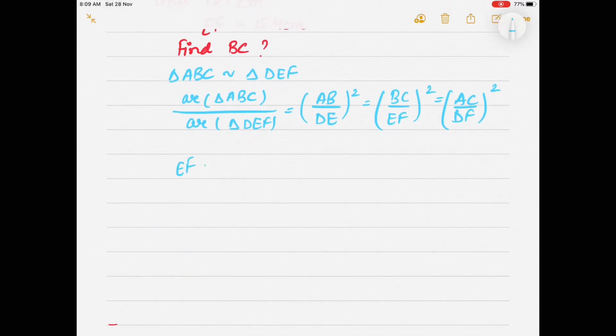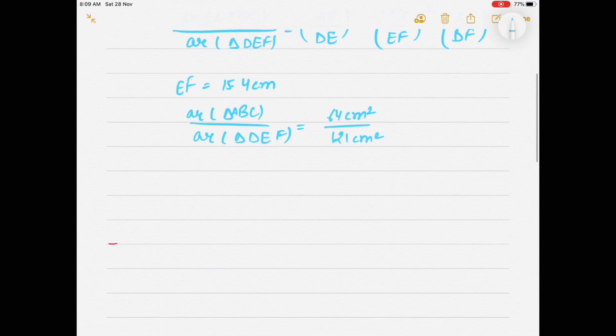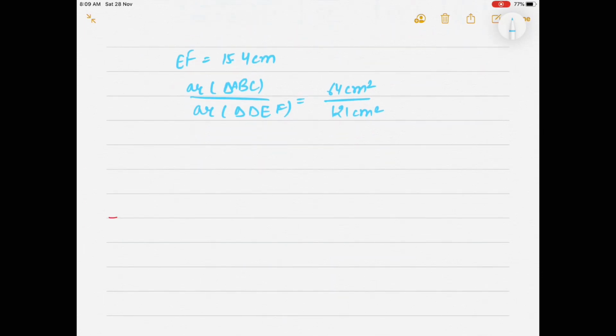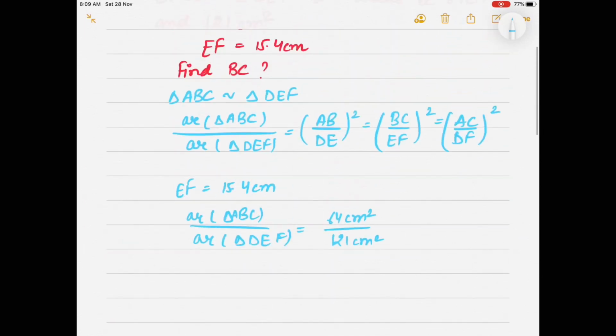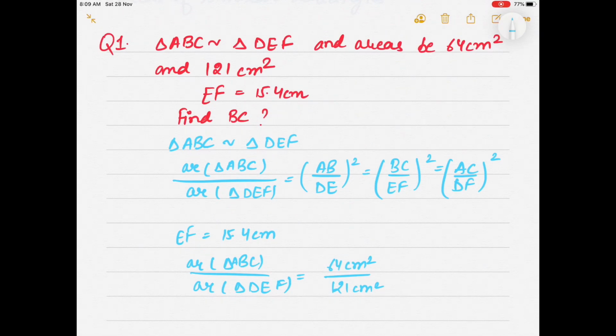It is given that EF is equal to 15.4 cm, and the area of triangle ABC divided by the area of triangle DEF is equal to 64 cm² by 121 cm².